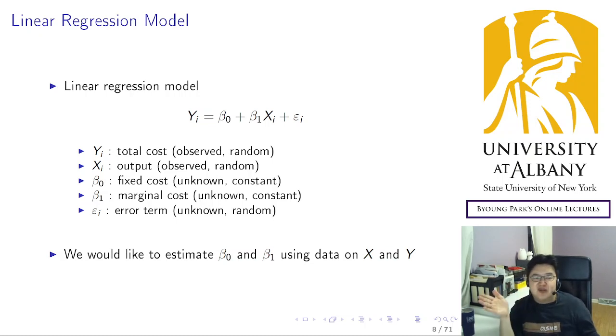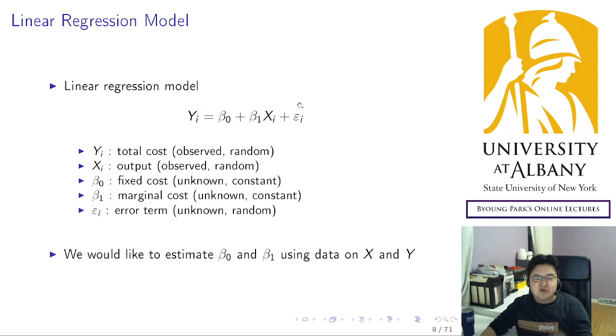If it's random, then the estimation problem is not well defined. So in this case, fixed cost and marginal cost are fixed. Those two are unknown parameters, and epsilon is just a random error. It is unknown and random.